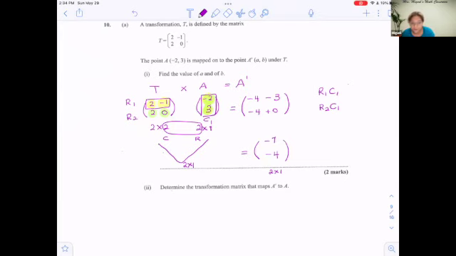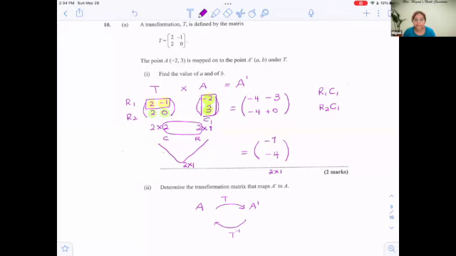Determine the transformation that maps A prime back to A. So watch this. A is mapped by some transformation to A prime. If we want to find what maps A prime to A, we have to find the inverse.